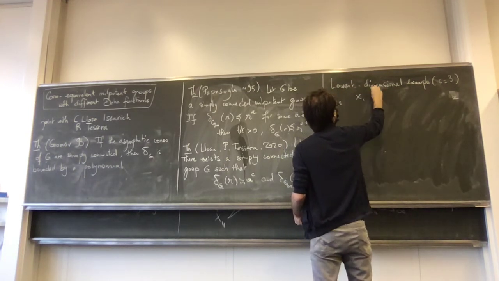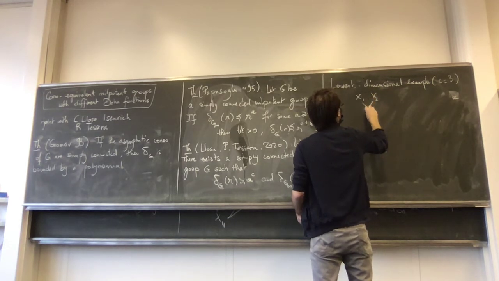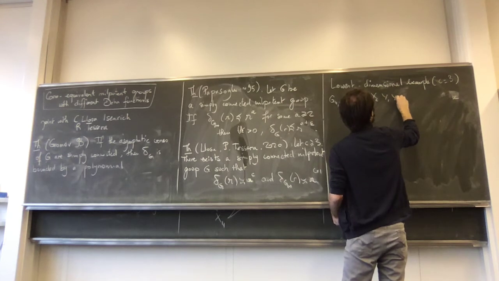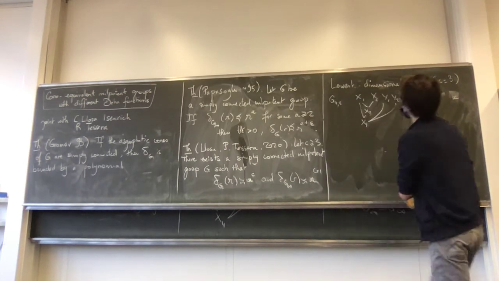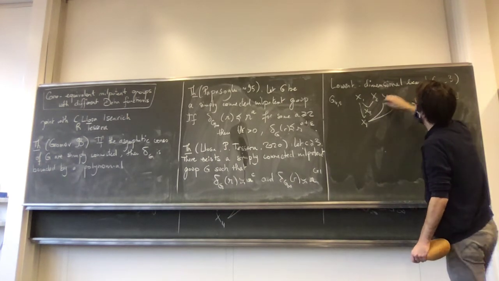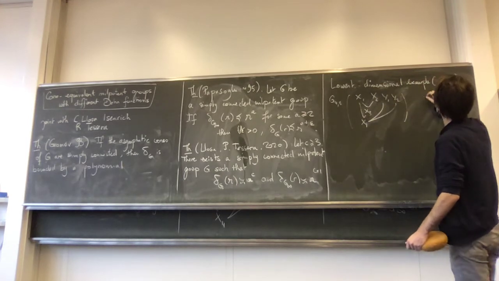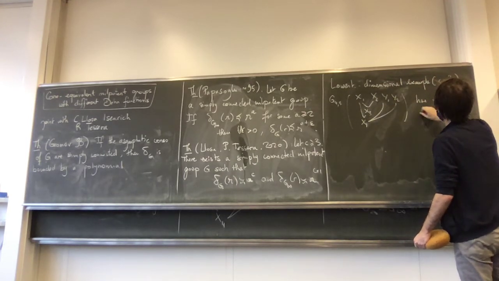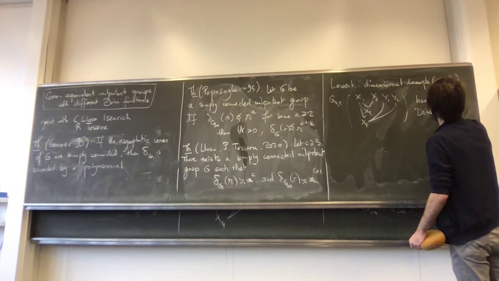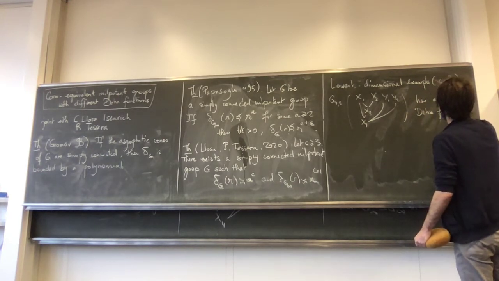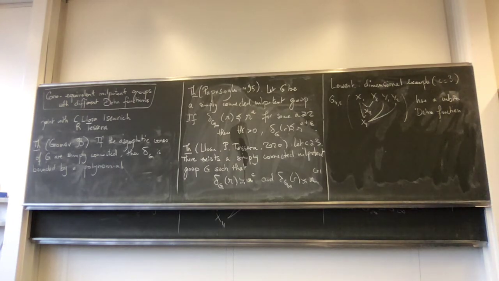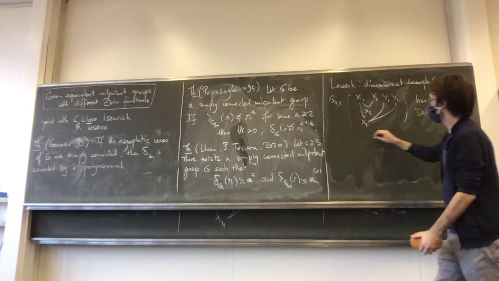So I recall, this is the brackets, it has a cubic Dehn function, while its asymptotic cone has a quadratic Dehn function.